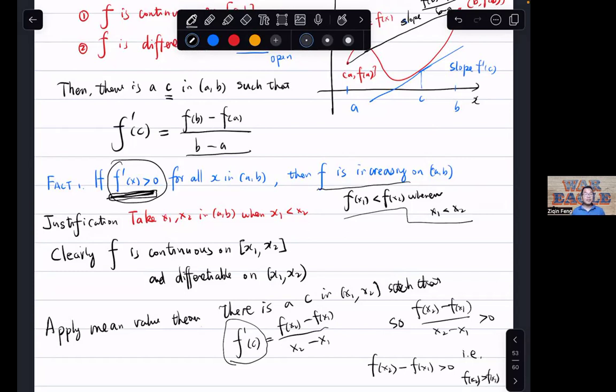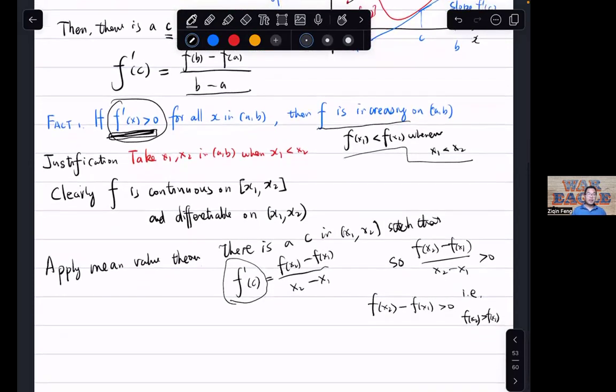So the function value is actually getting larger and larger, right? That's how we apply the mean value theorem to show that if a function has positive derivative on an interval, then the graph is going up. The function value is increasing, right?